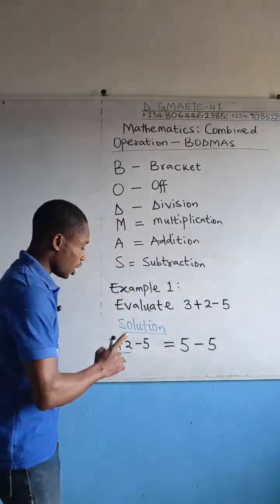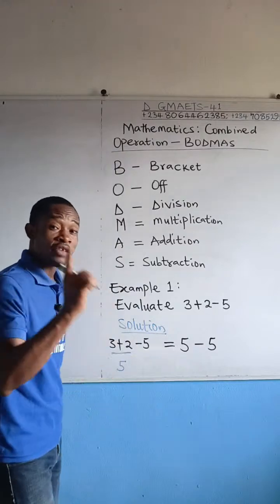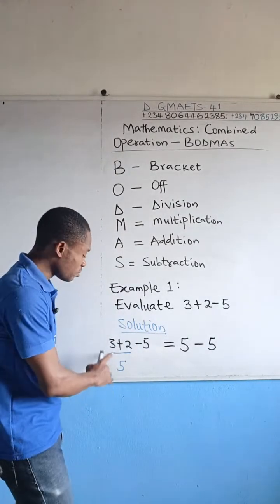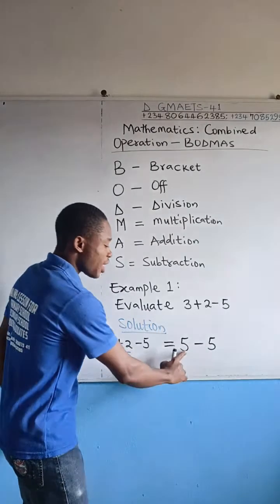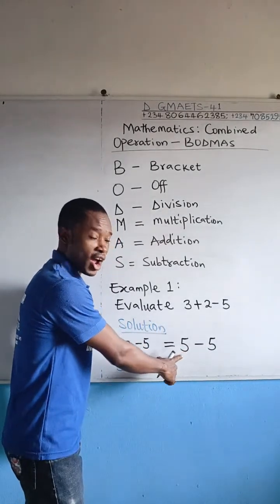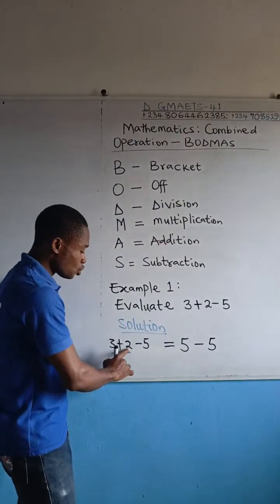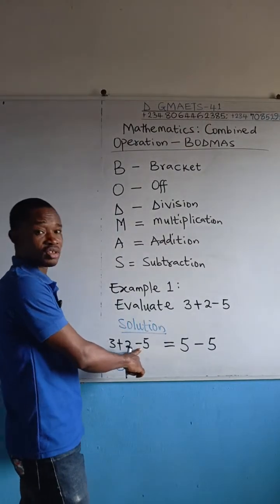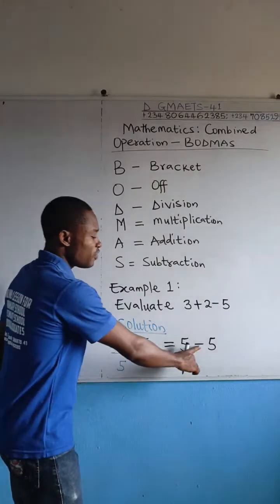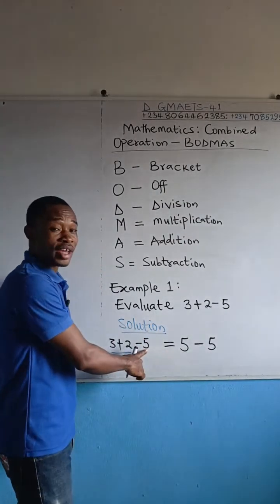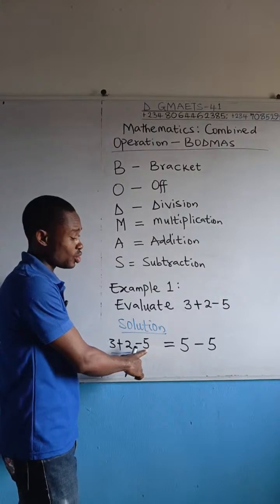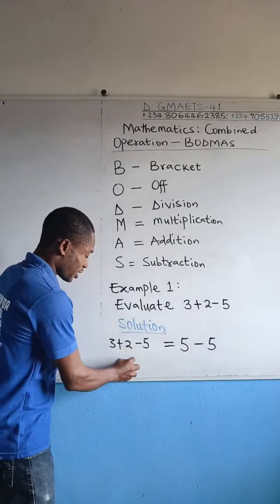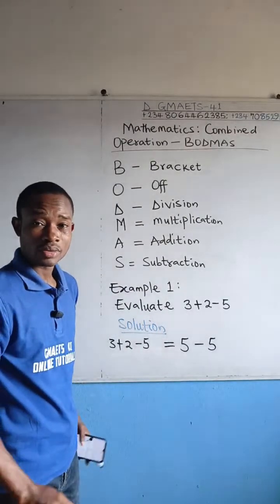Once again, 3 plus 2 gives you a single number, 5. Write the 5. After this, the operation you see is minus, as you're seeing from the question. Fix that minus, and then you write your 5, which is the last digit you have there. So this is the first thing you are expected to do.